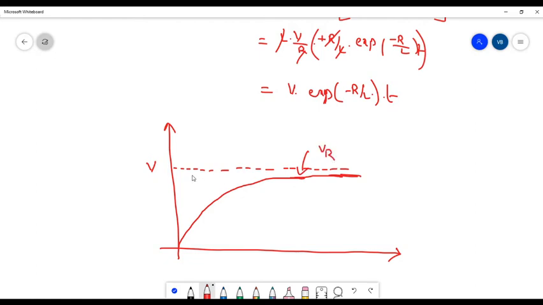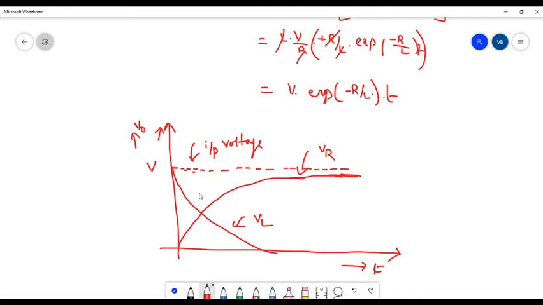What about the inductor? The inductor value is initially high and finally reaches 0 like this. So this is VL. Here on the x-axis we take time t, and on the y-axis we take the output response, that is V0. This dotted line indicates the input voltage. Like this we calculate the DC response of the RL circuit.